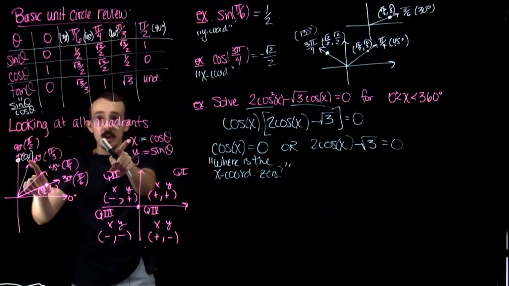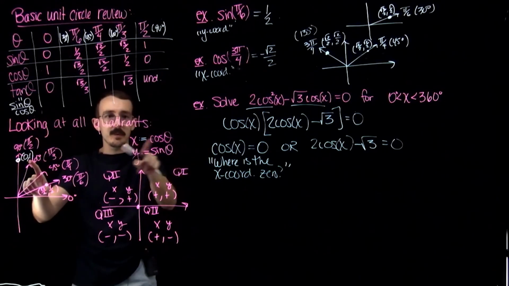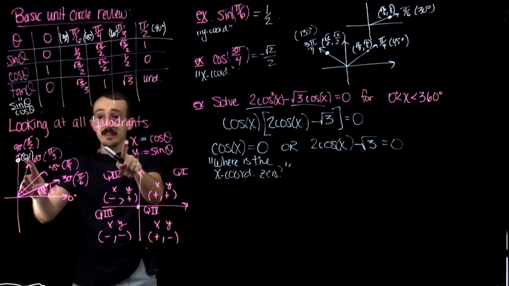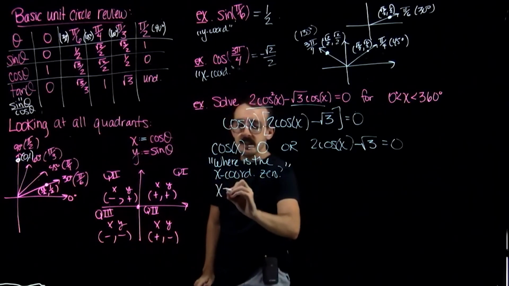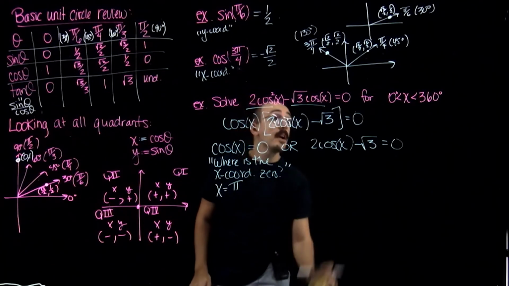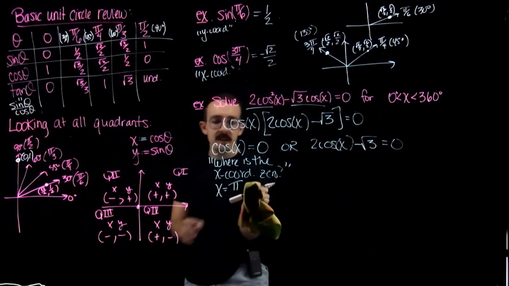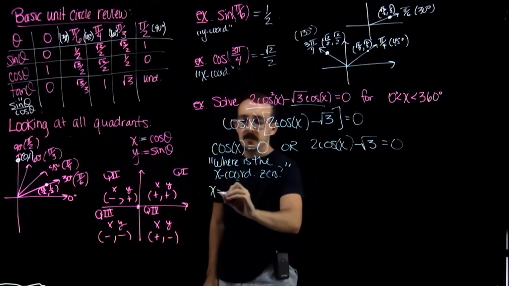X is the cosine, which is what I'm looking for here. So I'm focusing on the x-coordinate because we're talking about cosine, and at this specific spot, the x is 0. So one of these answers is 90 degrees. That would be pi over 2. I've written this as degrees, so I'm going to stick with degrees here. So this is going to be 90 degrees.